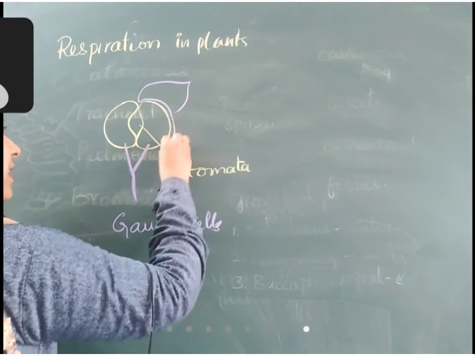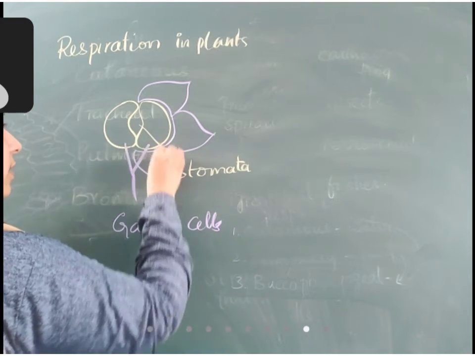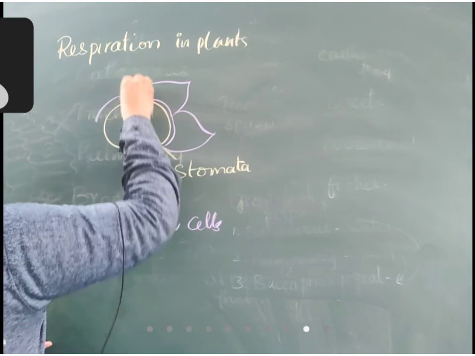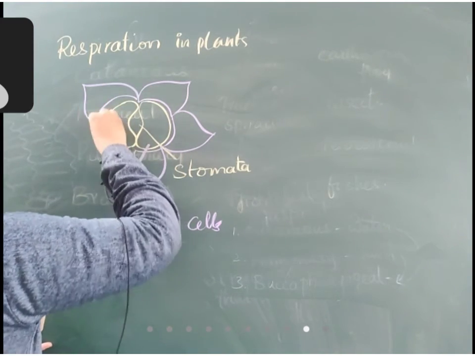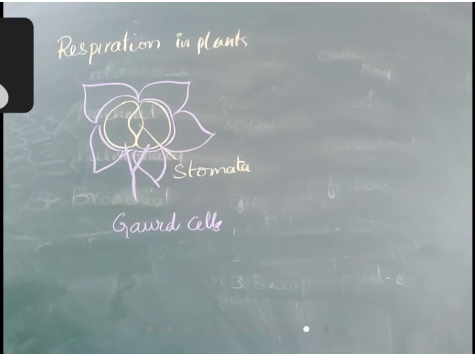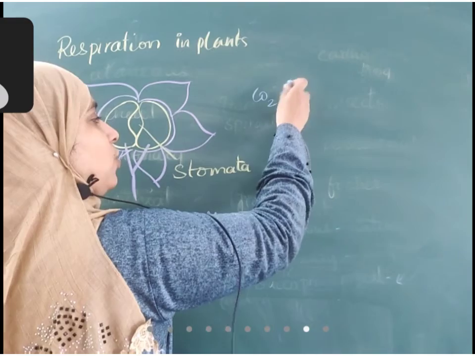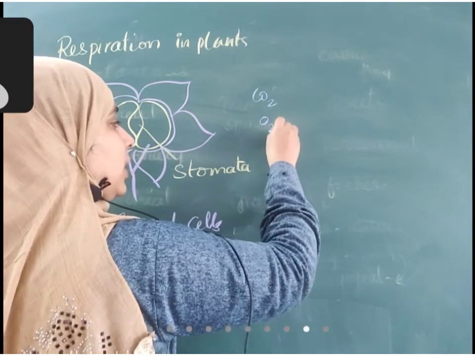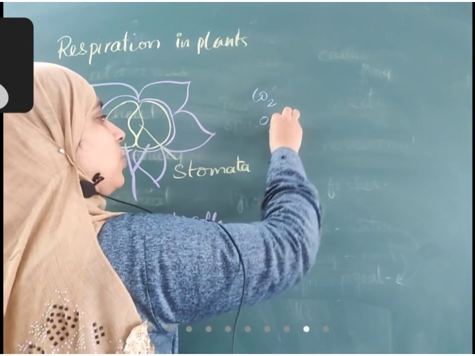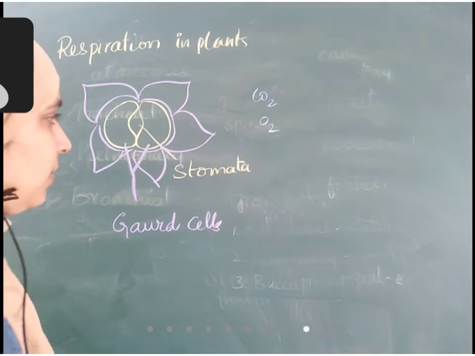These are the cells that are present adjacent to the guard cells. So this is the stomata structure. This helps in exchange of gases. In daytime, carbon dioxide goes in, oxygen comes out. In night time, oxygen goes in, carbon dioxide comes out. Okay, that is the stomatal respiration in plants.